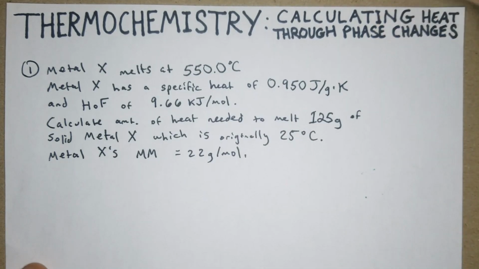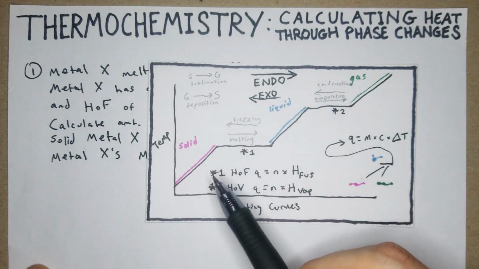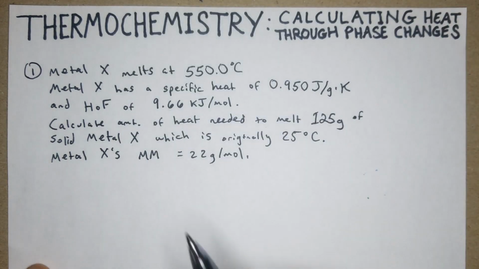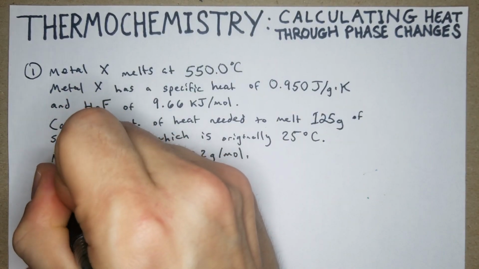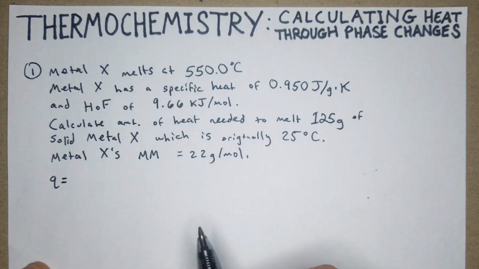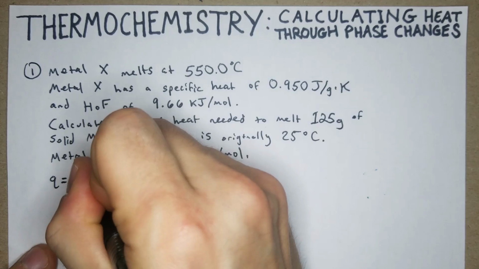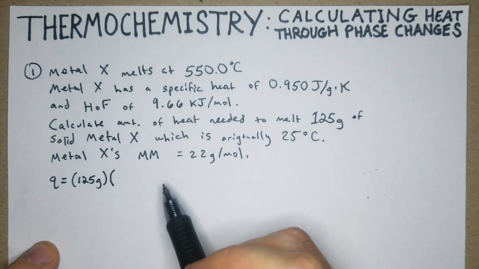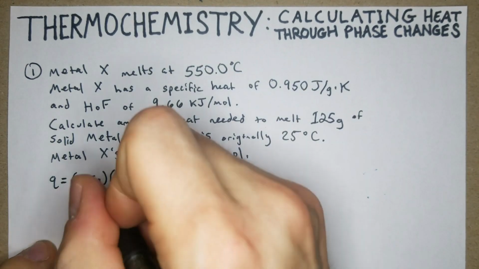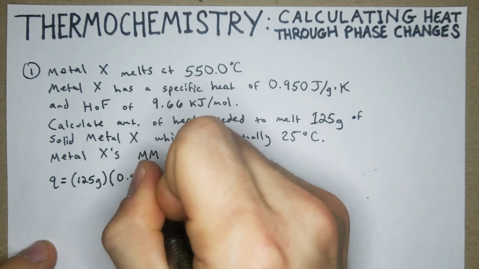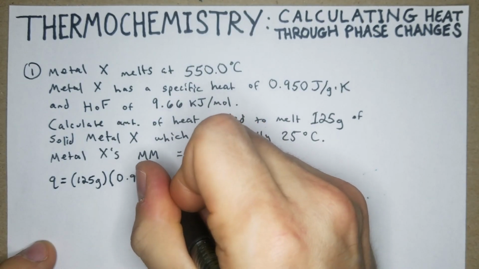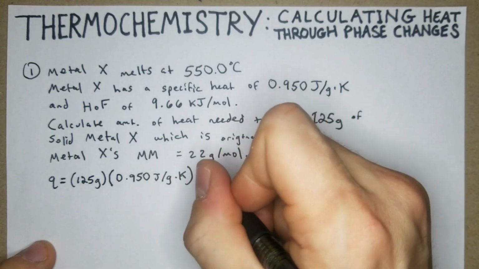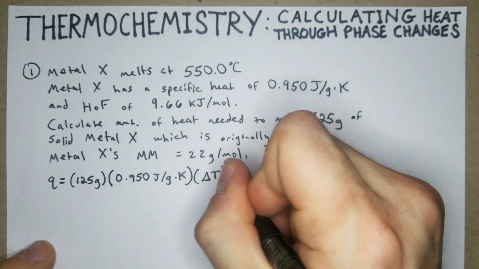So if we pull out the chart, we know that if it's in the solid phase, just like all of these, we're going to use Q equals MC change in T. So let's just throw in Q. Q equals, first M, the 125 grams, and then C, which in this case is 0.950 joules per gram Kelvin. That's our specific heat. And then times change in T.